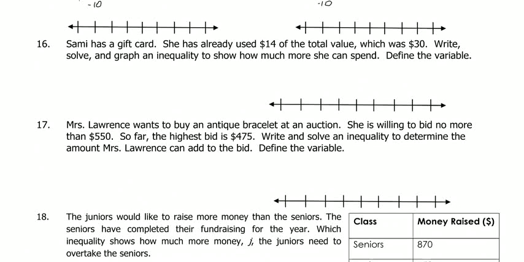Write, solve, and graph an inequality to show how much more she can spend. Define the variable. Alright, so we're going to define the variable M as the money she can spend.